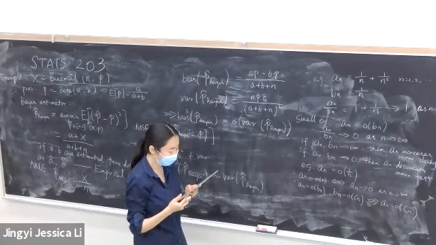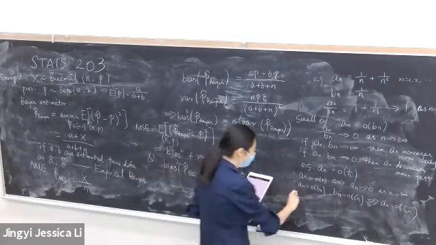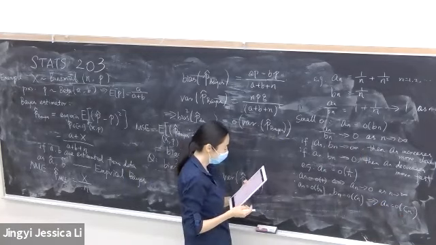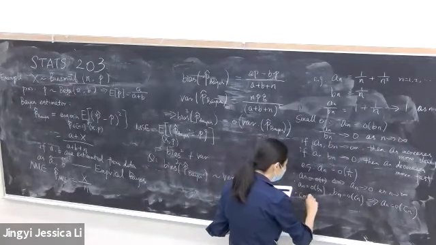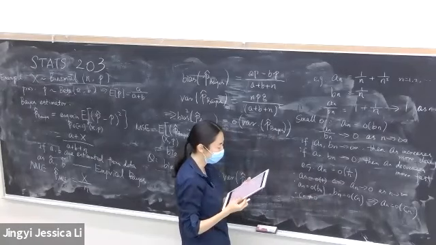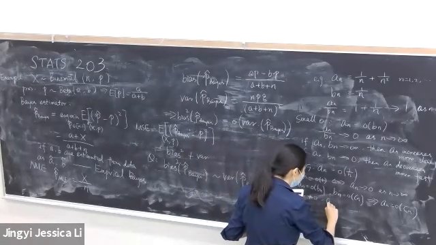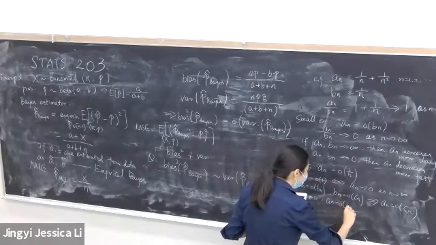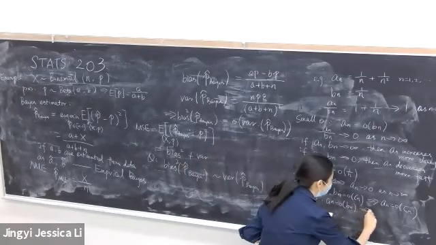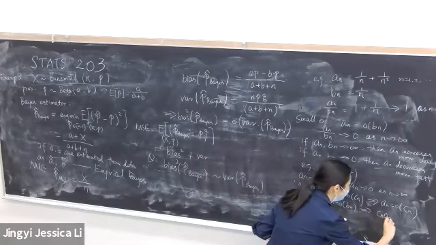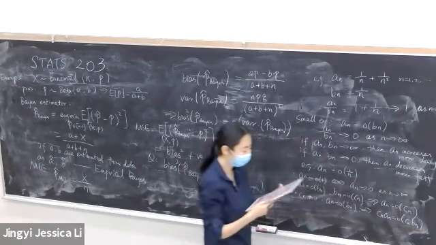The next one: if we have another non-zero sequence cn, and an is small o of bn, we can multiply cn to each side. Then cn an is small o of cn bn.